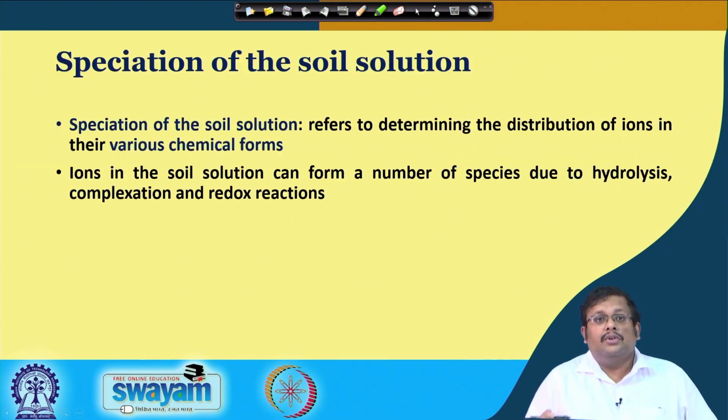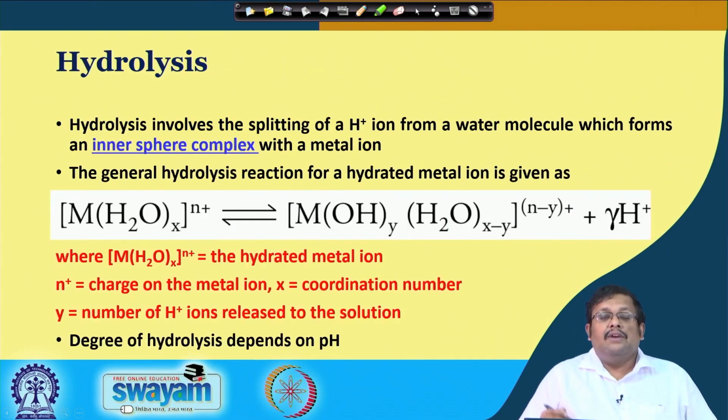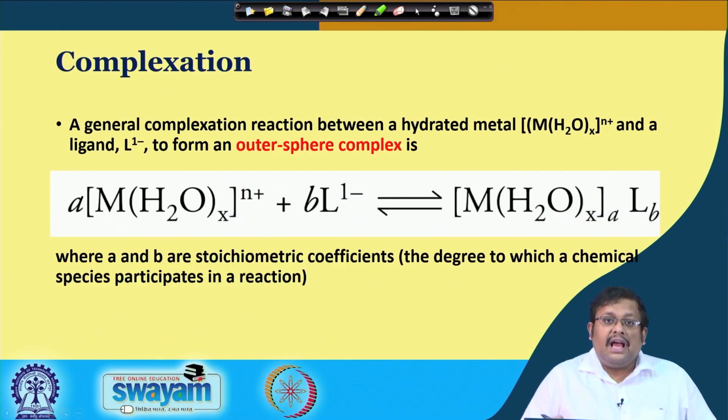Obviously, we have also talked about the speciation of the soil solution, which is very important. We have talked about the hydrolysis, how hydrolysis process occurs, and how these general complexation reactions between a hydrated metal and ligand form an outer sphere complex.